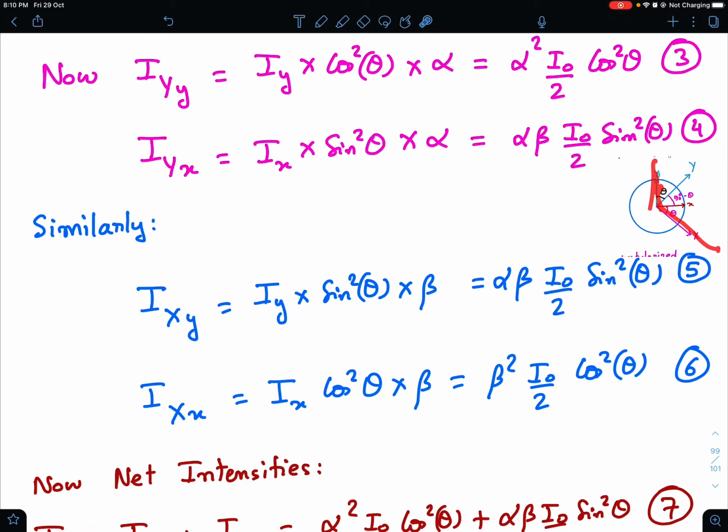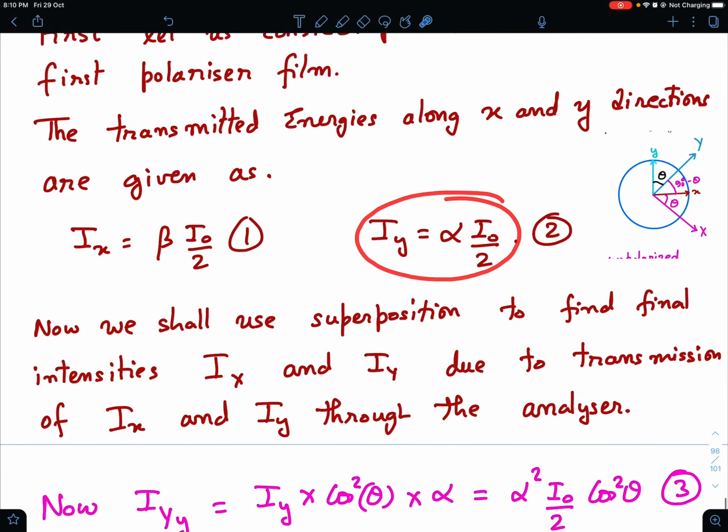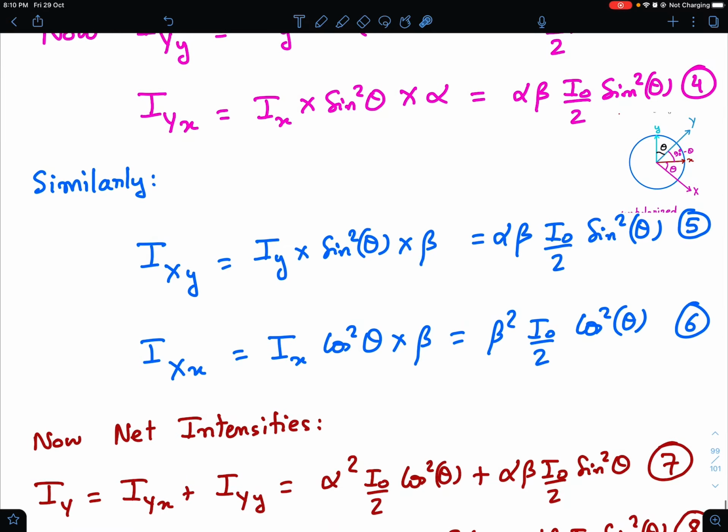So I capital X due to small y will be equal to Iy into sin square theta, multiplied by the transmissivity, which was beta. Substituting for Iy from above, alpha I naught by 2, you get alpha I naught by 2 into beta and sin square theta. That's what you get for I capital X y.